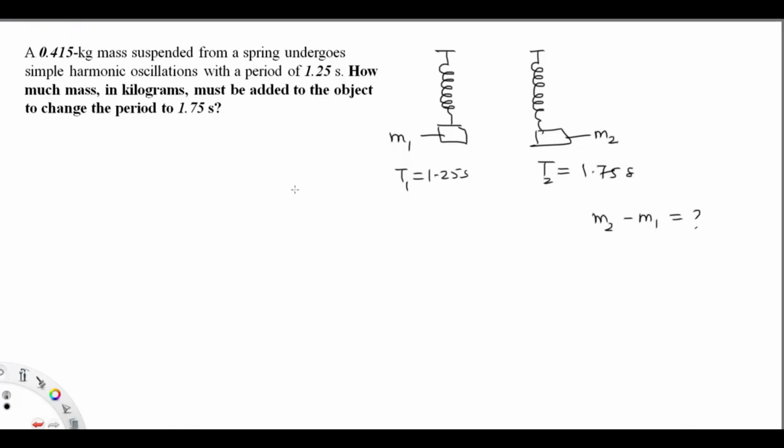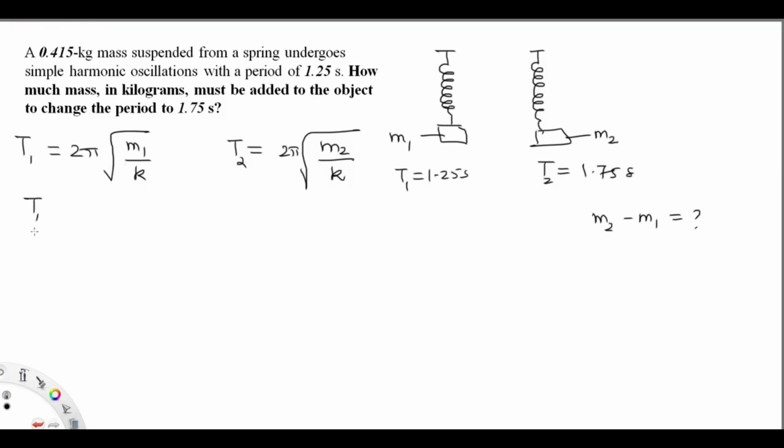Okay, so for the first one, we can write T1 is equal to 2 pi square root of m1 over k. The spring is the same, it doesn't say we are using different springs, so we can just use the same spring constant k. So for T2, it's 2 pi square root of m2 over k. So we can divide the two equations term by term.